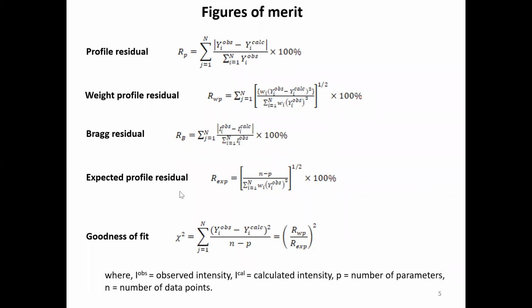And in the expected profile residual, you are considering the number of parameters as well as the number of data points. And goodness of fit represents the ratio between this and this. The popular parameters are the weight profile residual and goodness of fit. These are also conveniently used in all manuscripts for communication. So goodness of fit needs to be close to 1 and weight profile residual as low as possible, close to 0.